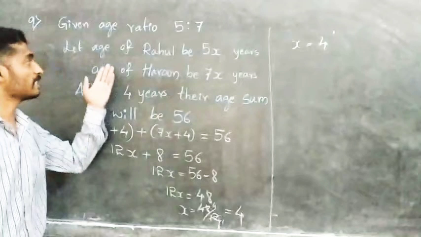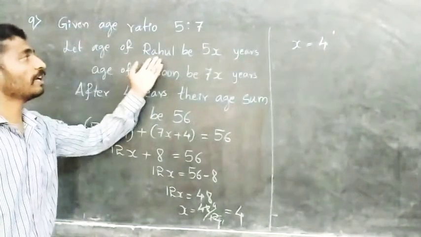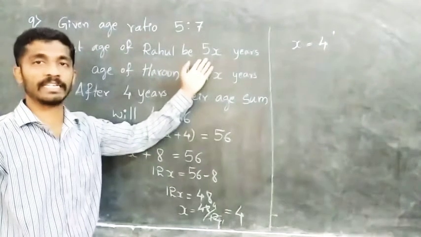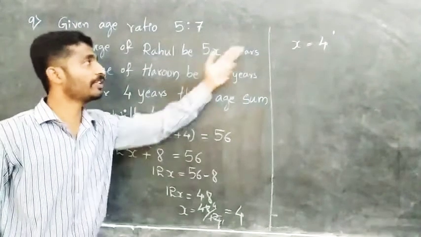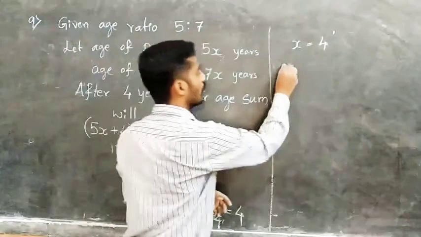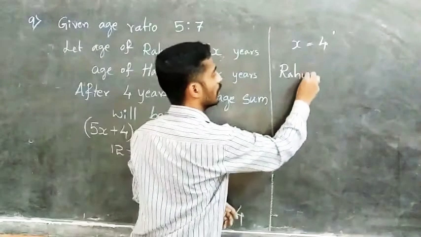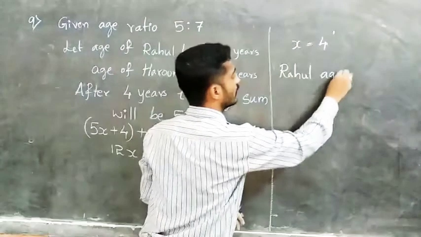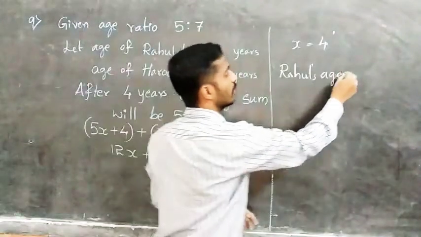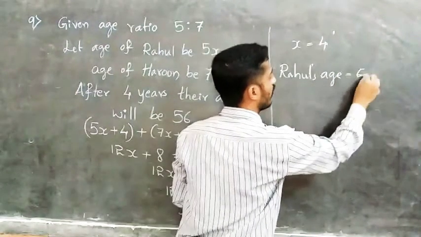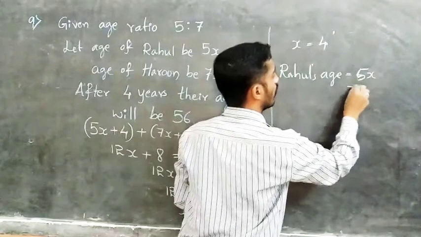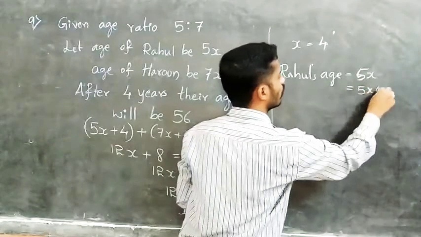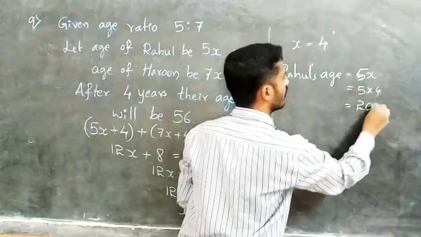Then what about the present ages? Rahul's age is 5x, so if you know the x value, it is 5 into 4, that is 20 years.